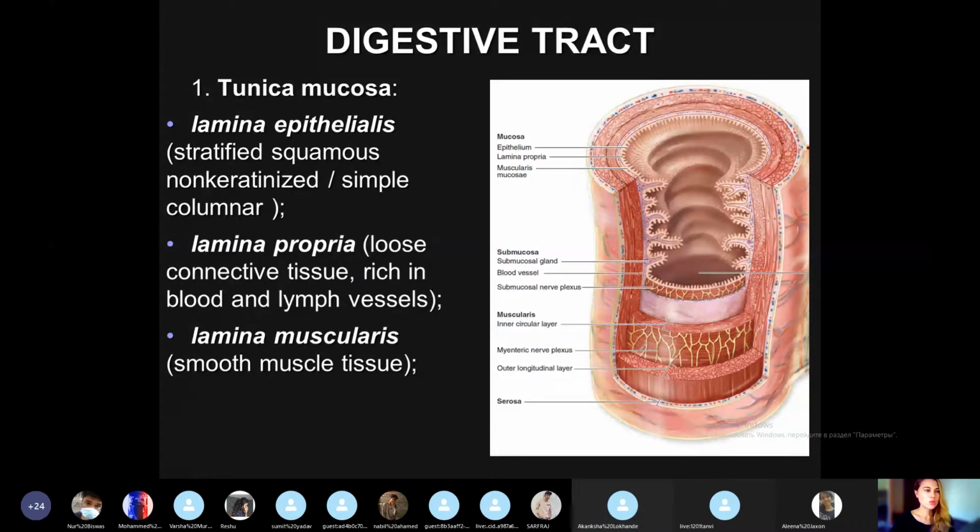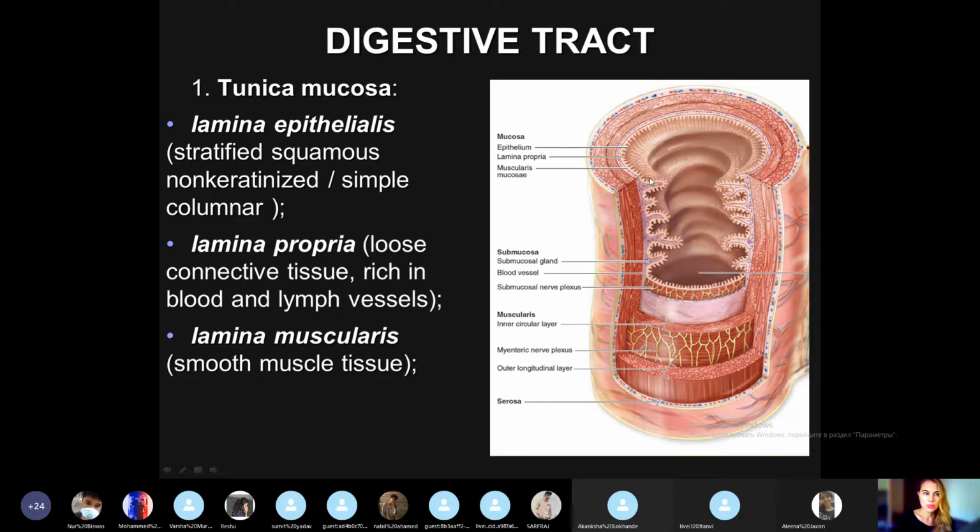All right, so we can see here the general plan of the digestive tube structure. The digestive tube is composed of tunics that we are going to discuss right now, starting from the inner tunic or inner envelope. The first tunic from the lumen is the tunica mucosa.